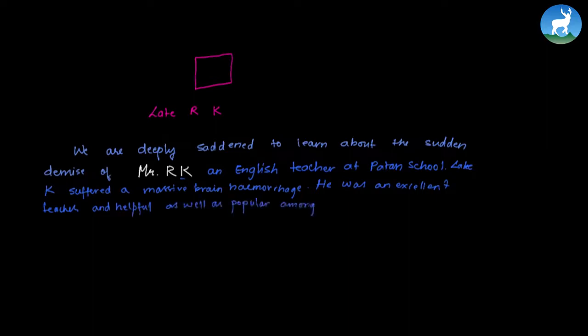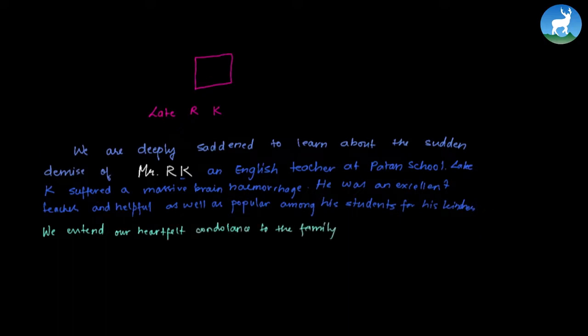Now you just give a condolence message of strength to the family. We extend our heartfelt condolence to the family grieving the irreparable loss. May the departed soul be at eternal peace with our Heavenly Father.